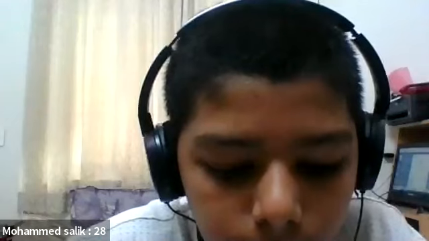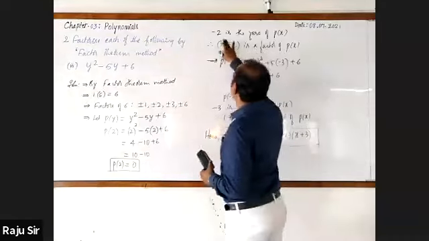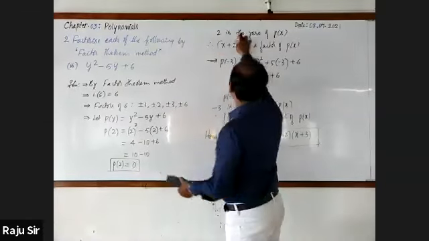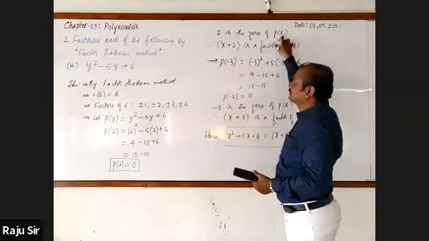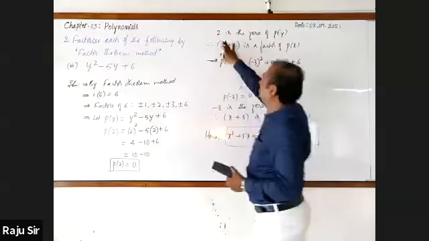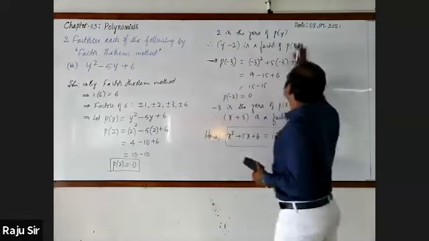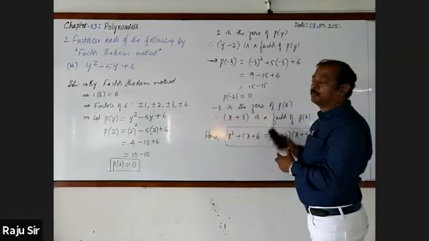That means y minus 2 is a factor of P of y. 2 is the zero of P of y. Therefore, y minus 2 is a factor of P of y.